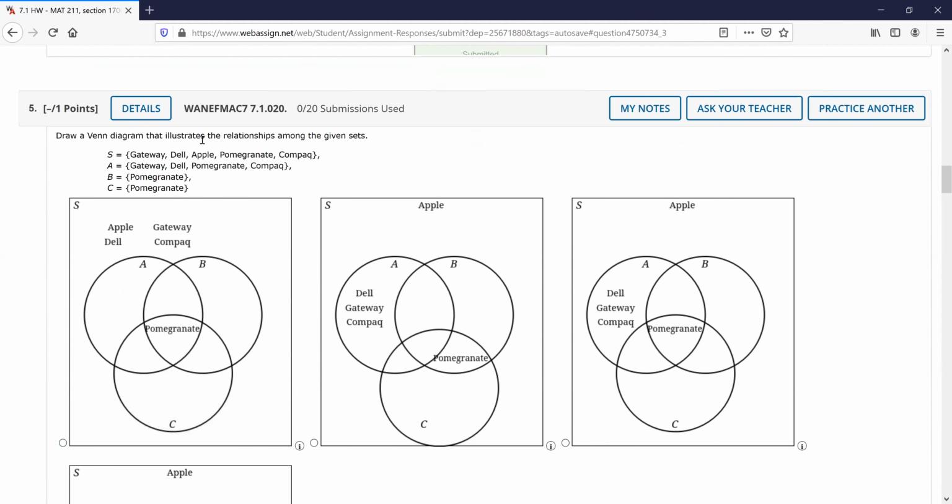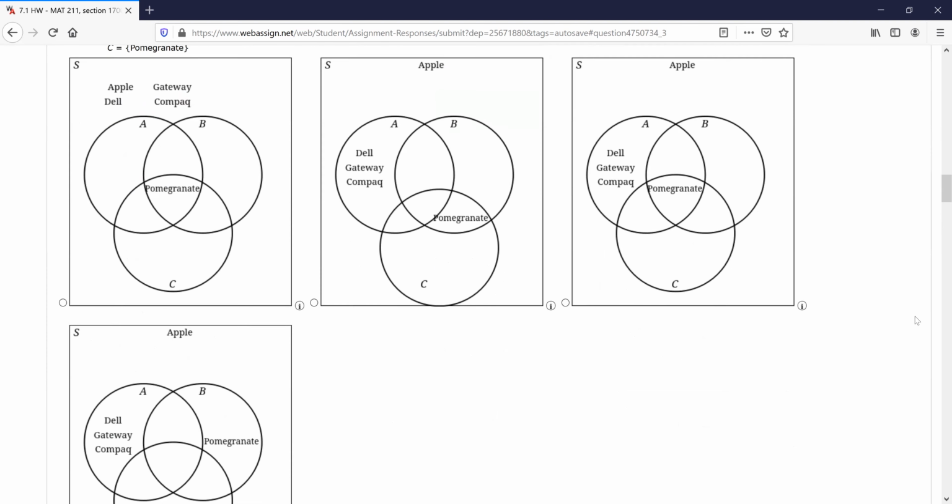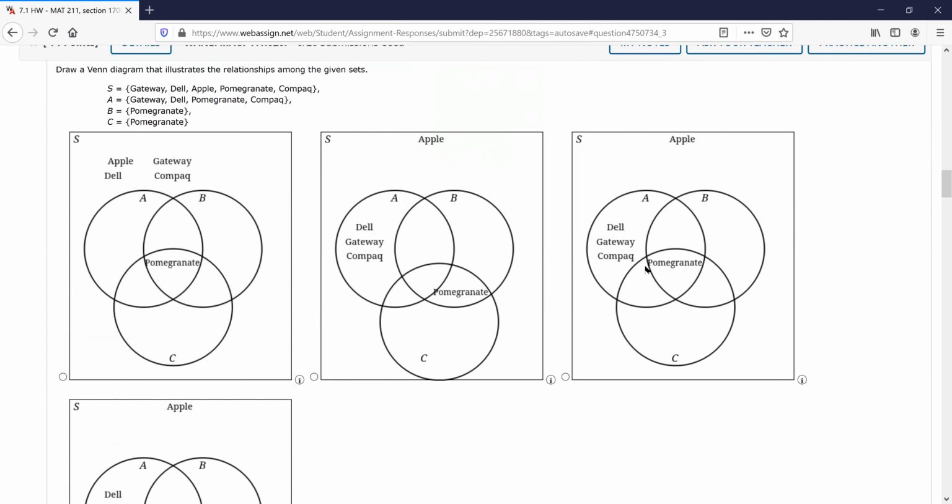All right, draw a Venn diagram that illustrates the relationship among the given sets. So C is pomegranates. Okay. So this one here has pomegranates for C, and A has Gateway, Dell, pomegranate, compact.